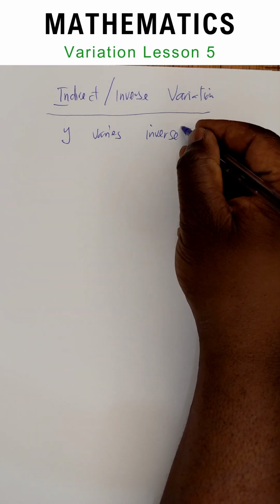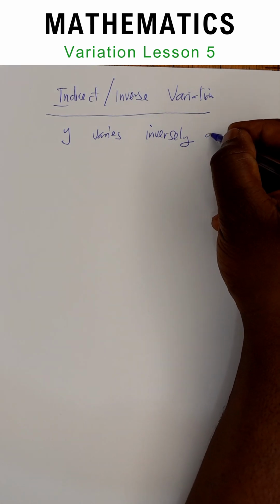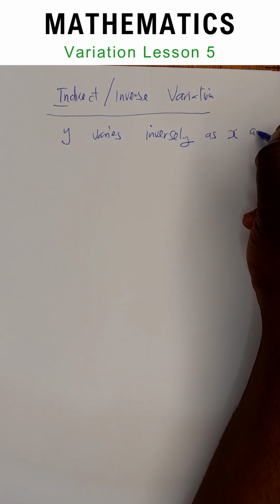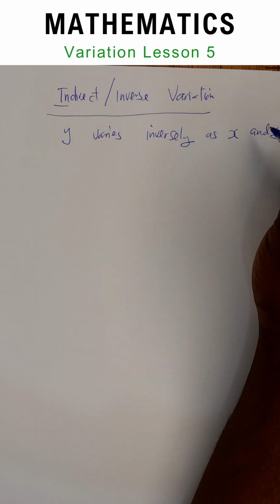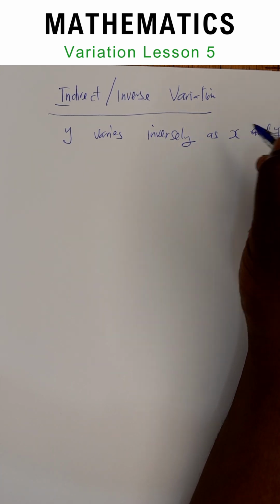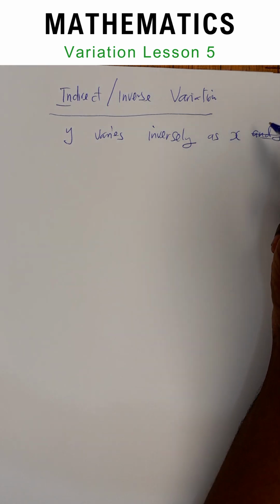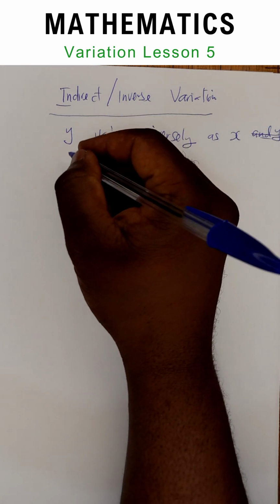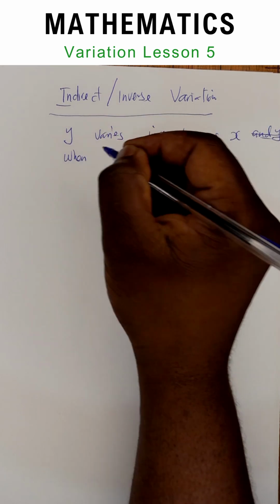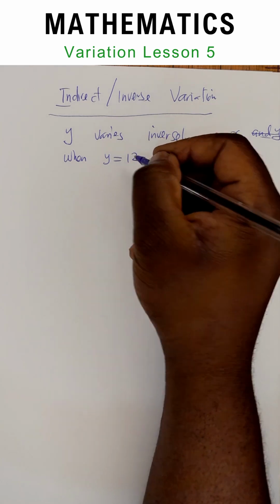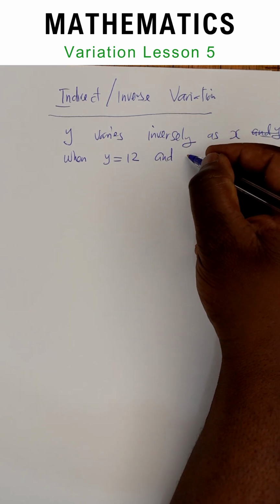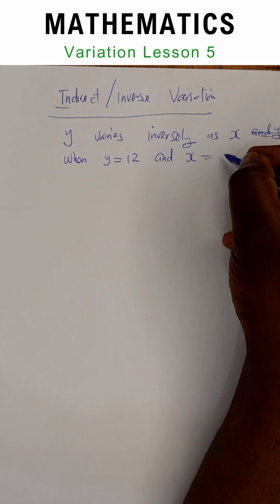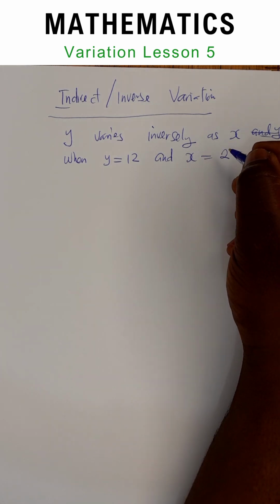Sometimes they can use inversely or indirectly as x and y. Inversely as x. Sorry about that. So you say y varies inversely as x when y is equal to 12 and x is equal to, let's say, 2.